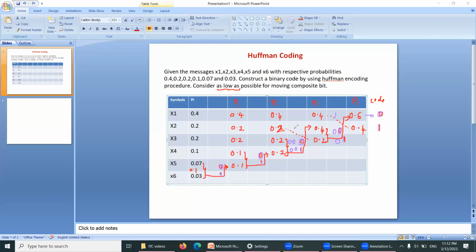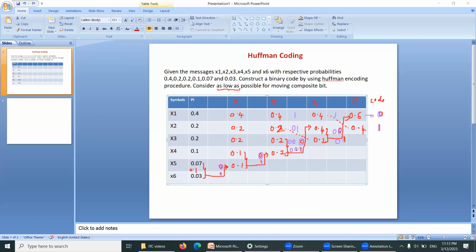Next, I have to fill in the code for all probabilities. What is the code of this 0.2? It is 0, 1. For this 0.4, I have 1, so I retain 1 as it is. Coming to the next step, 0.1 and 0.1 are combined and given as 0.2.